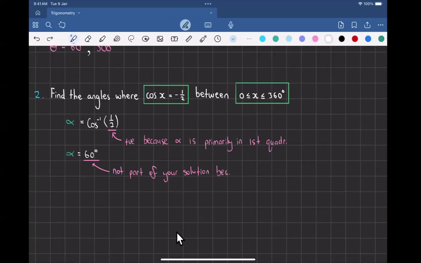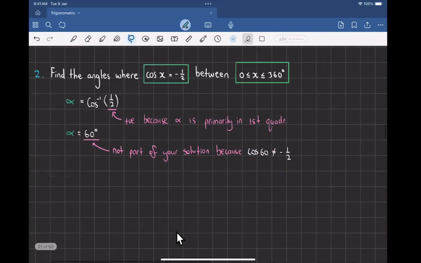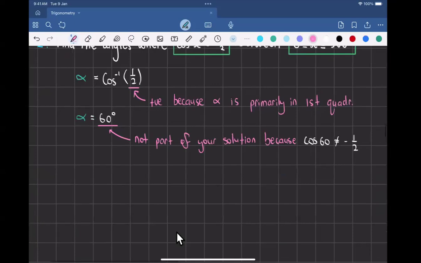Nicholas, will cos 60 give you negative a half or positive? So that's not part of the solution then, right? Simple yes or no? It's not part of this, because a half cannot be the same as negative a half. Right. And I write this in bold.